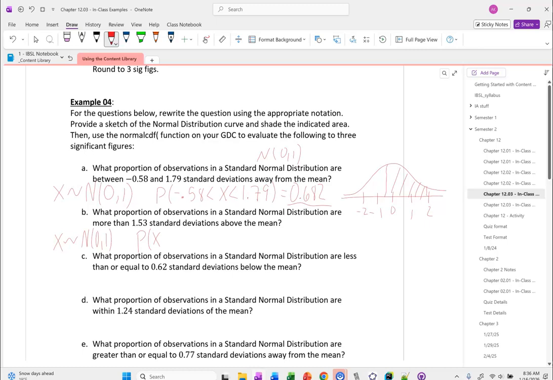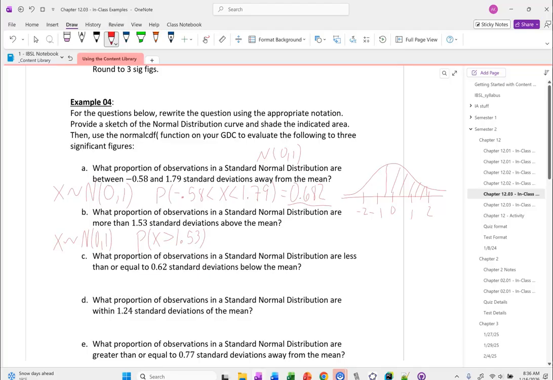P(X is greater than 1.5). Should be greater than or equal to. Greater than or equal to. Does it matter? Why not? Not quite. It doesn't matter, okay, but it doesn't matter because we're talking about a continuous distribution.